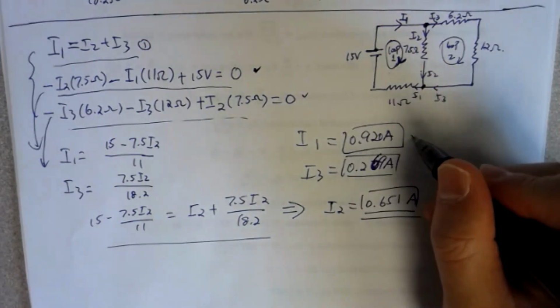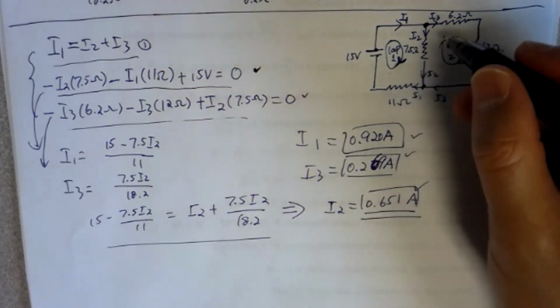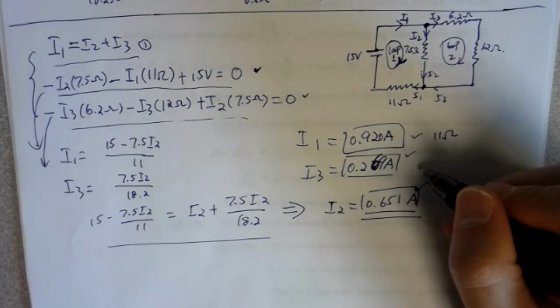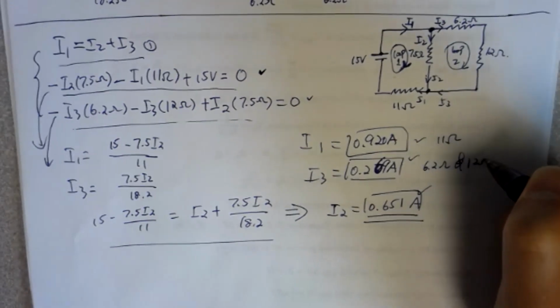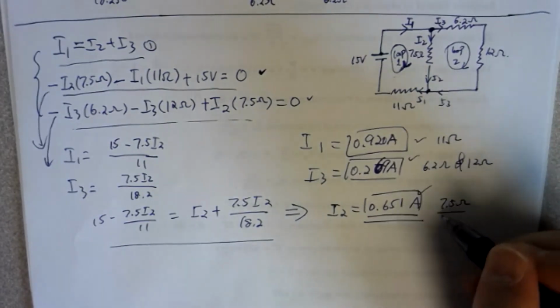So the currents through the three resistors: 0.92 is for the 11 ohms, 0.269 is for the 6.2 ohms and the 12 ohms, and this one is for the 7.5 ohms.